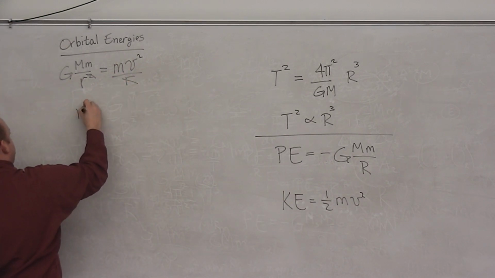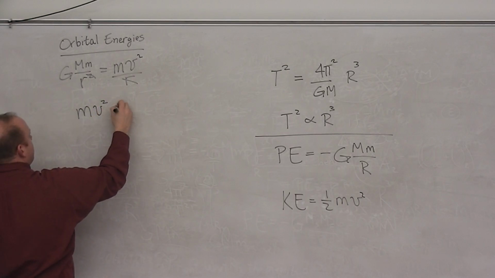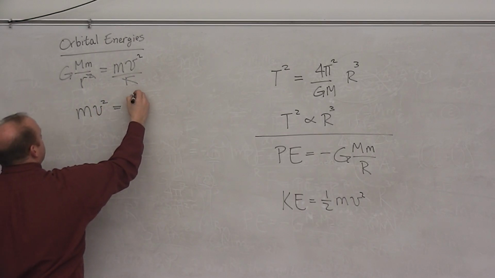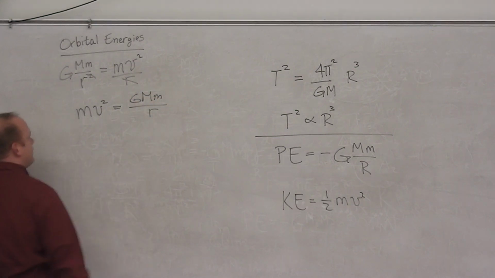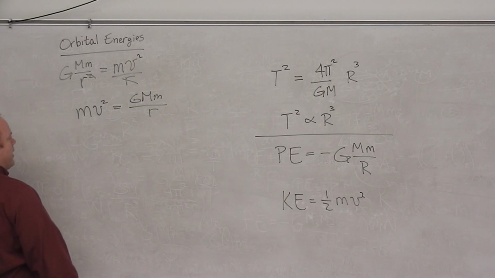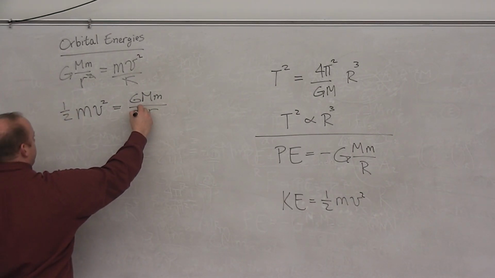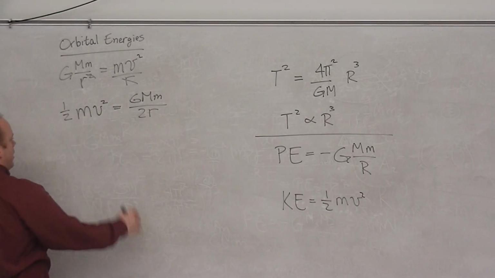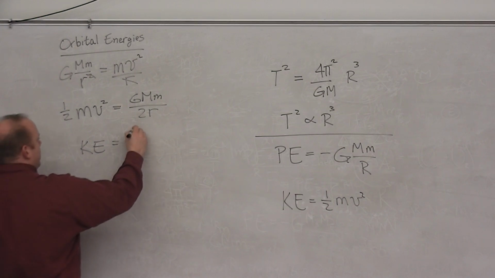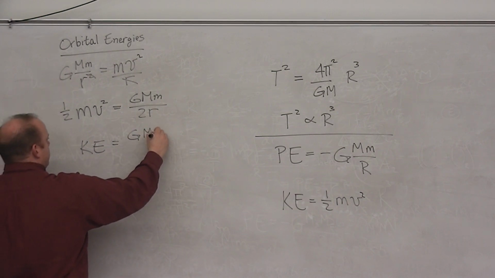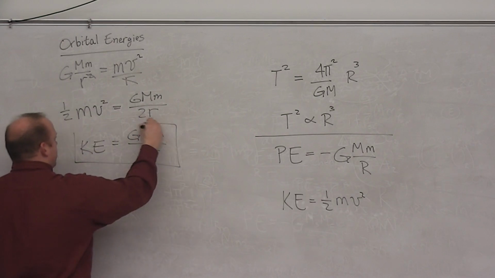So for an object in a circular orbit, I have mv squared is equal to GMm over r. How could I get kinetic energy? Multiply both sides by 1/2. My kinetic energy for an orbit is equal to big G, big M, little m, over 2r.